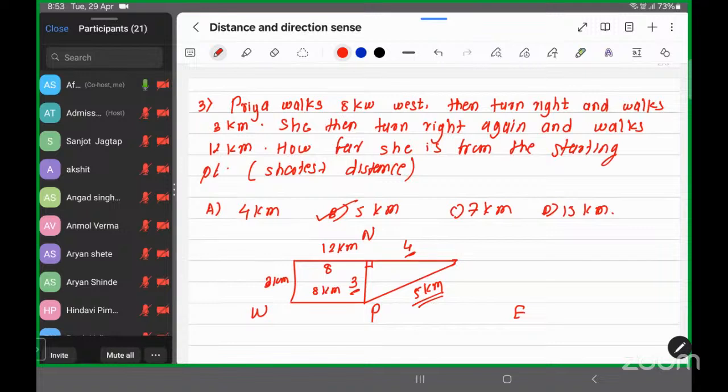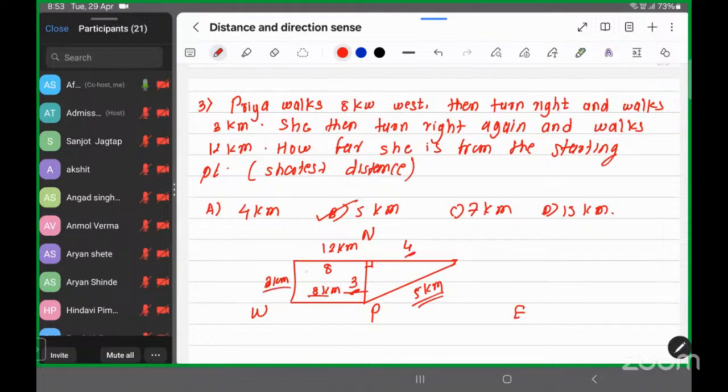Are you getting my point? If I need the starting point from the P point, I need the shortest distance. Then it is asking about the Pythagorean triplet only. Remember that. And the lines are parallel, na, so the distance between the parallel lines is the same. Though this is 3 kilometer, this is also 3.